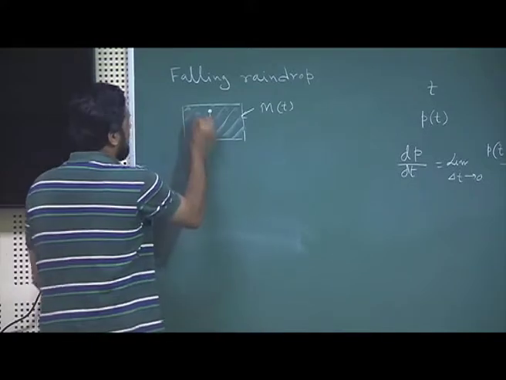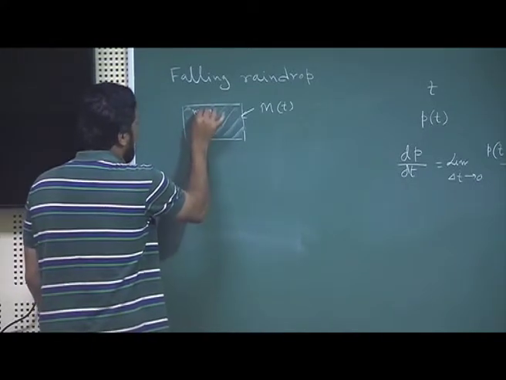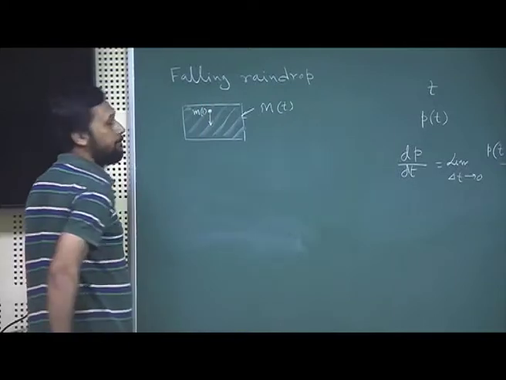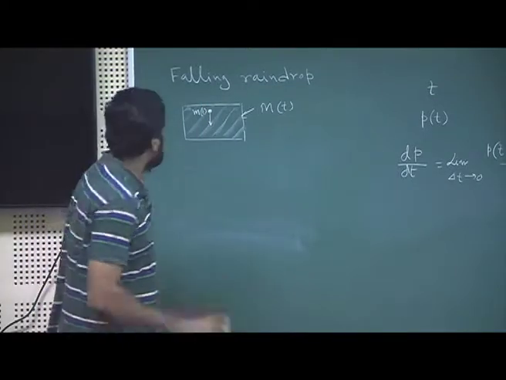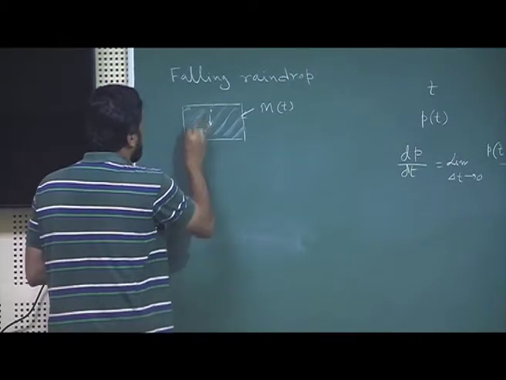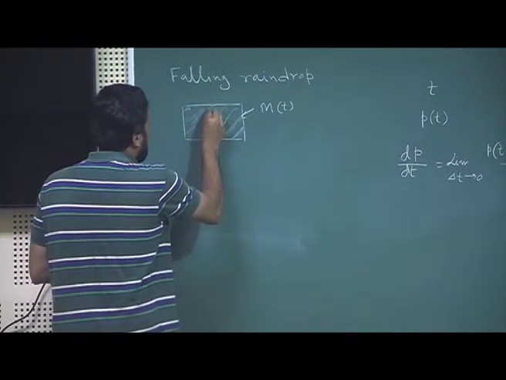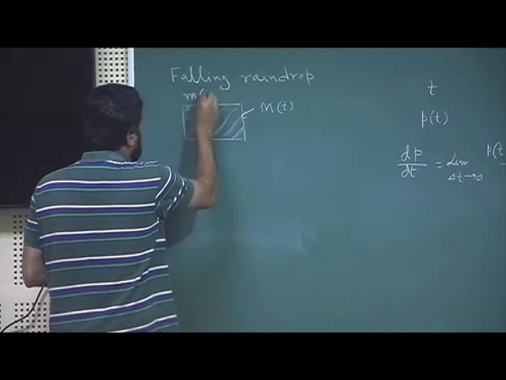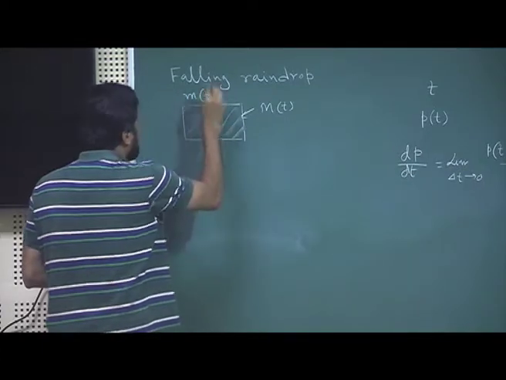And the mass of this raindrop is m, which is also a function of time. I will write slightly bigger for your convenience. So, let us say this is also m, which is a function of time.